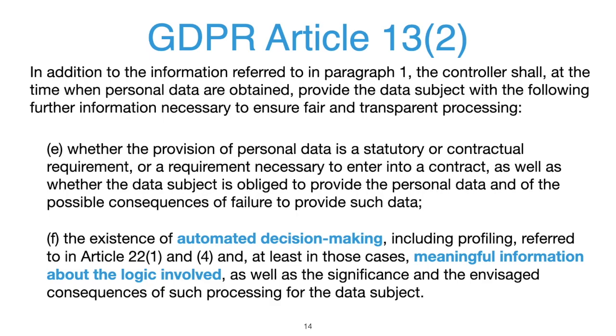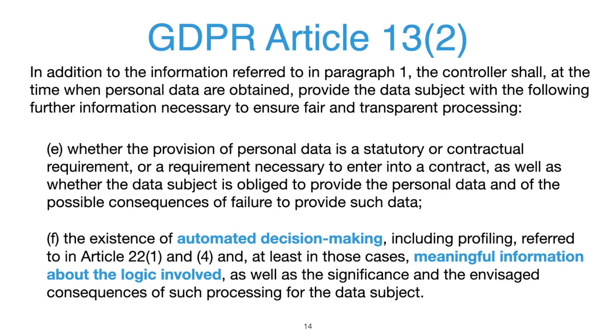So if there's going to be automated decision making, you have to tell the data subject, you have to try and explain the logic in a meaningful way, and also what the consequences might be. So again here, the data subject must have all the information before deciding whether or not to provide that information. So this is a lot of work you have to do, and you haven't collected any data yet.